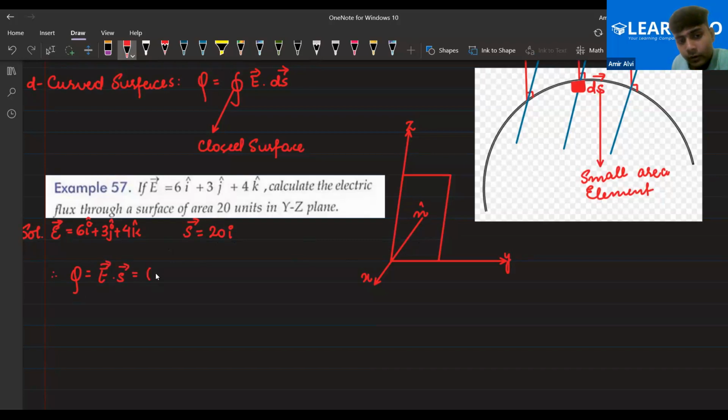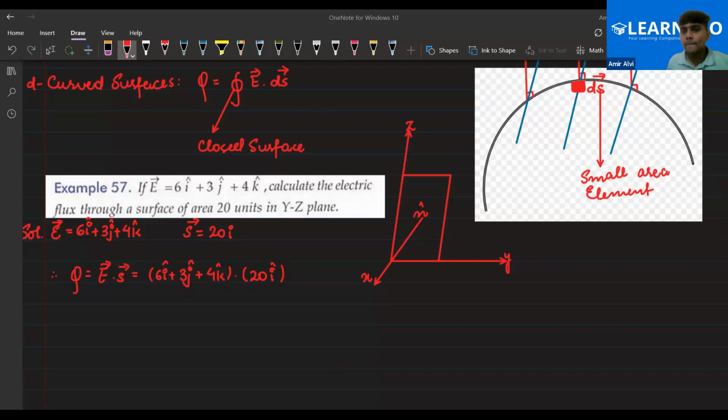So it would be 6 i cap plus 3 j cap plus 4 k cap dot 20 i cap. Could you please tell me how to multiply it? Do you know how to multiply these vectors if the dot product is there?